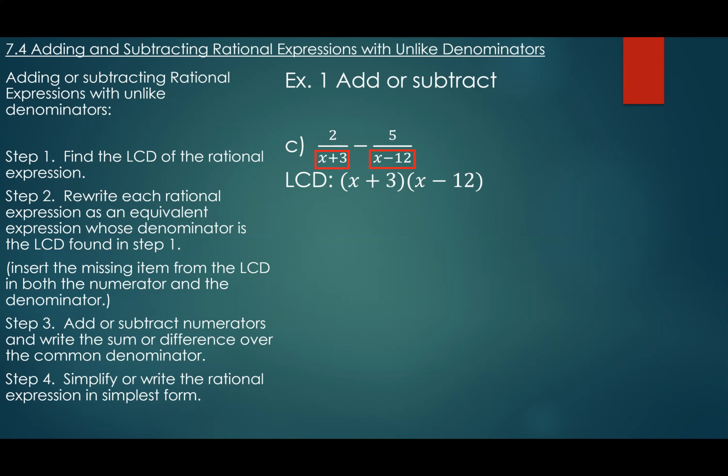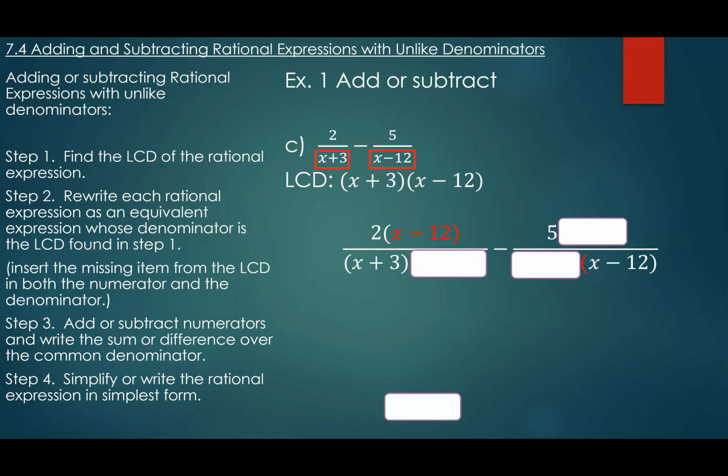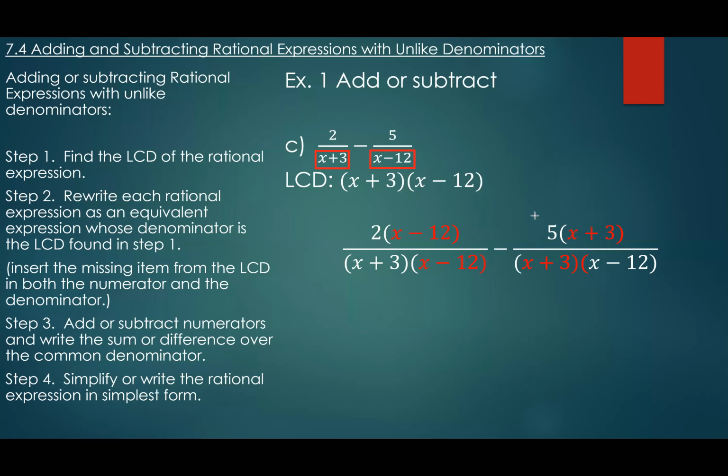Now, what do I do with the LCD? This is what you have, ladies and gentlemen. The reason why we do the LCD is we want the denominator to be the same. In this case, x plus 3, x minus 12, that's my LCD.